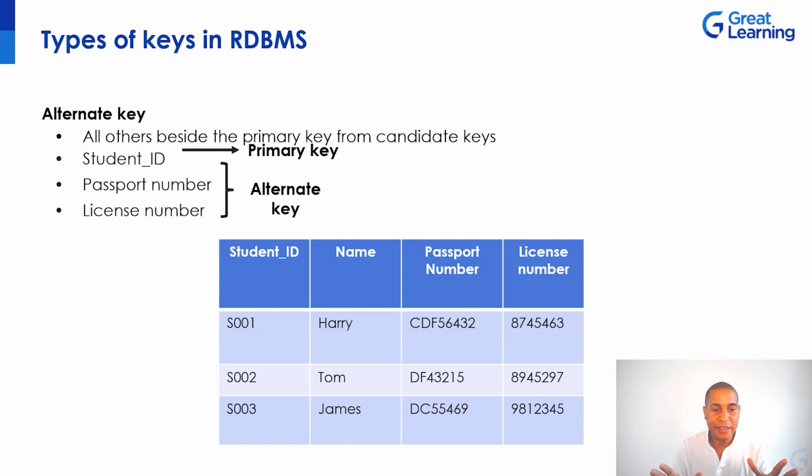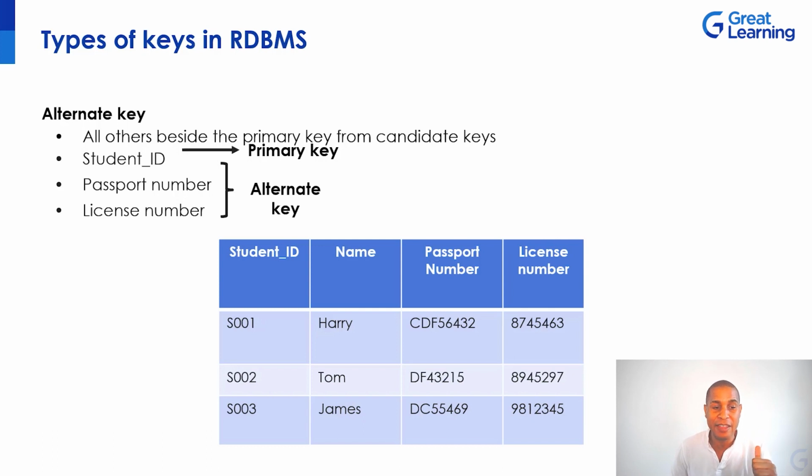So let's take a look at this table we have here. We have a student ID, the name, passport number, and license number. Now, if we decide we want to be able to connect different tables based on our primary key, that is the student ID, that becomes our primary key.